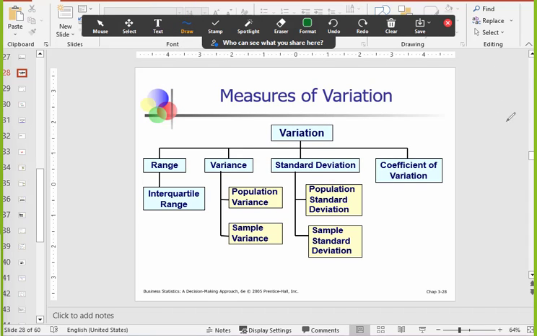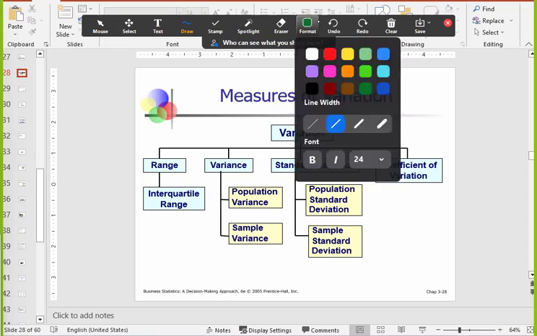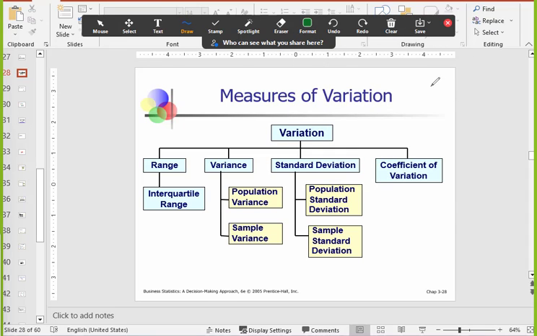In the previous class we talked about one adjective that we would try to measure. The adjective was center, representative, or ideal, or repeated.